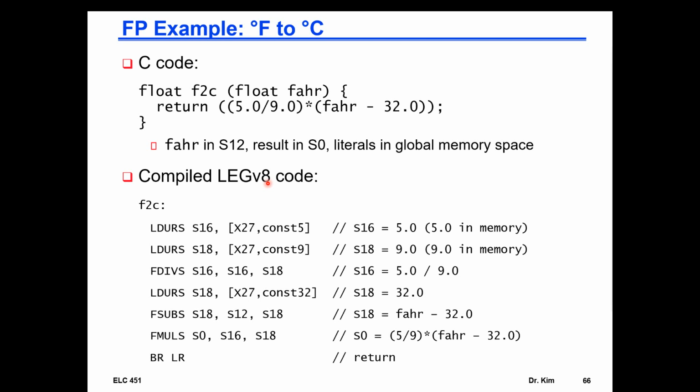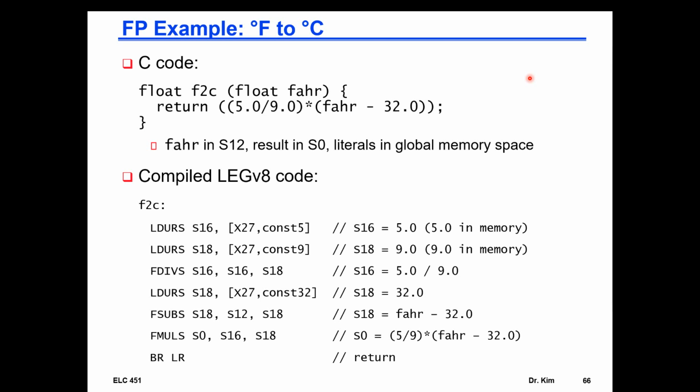So let's look at an example of C code compiled into Leg 8 code. This function converts a Fahrenheit number to Celsius.